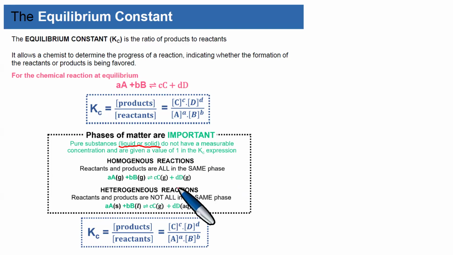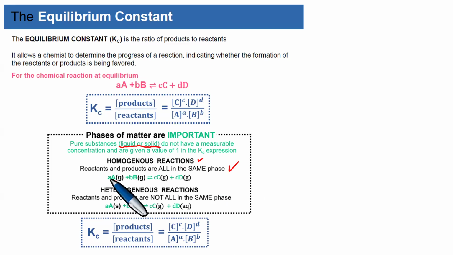There are what we call homogeneous reactions and heterogeneous reactions. So we are speaking about two types of reactions: homogeneous versus heterogeneous. When we have homogeneous reactions, the reactants and products are all in the same phase.